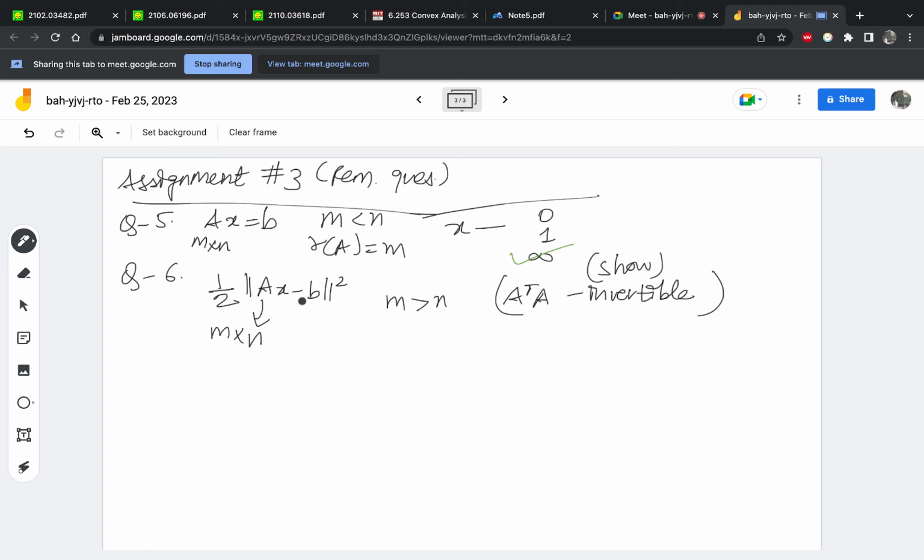Okay, so in this case, is the minimizer unique or not? So what do I need to first of all say? What would x star look like? Can I solve for this analytically?